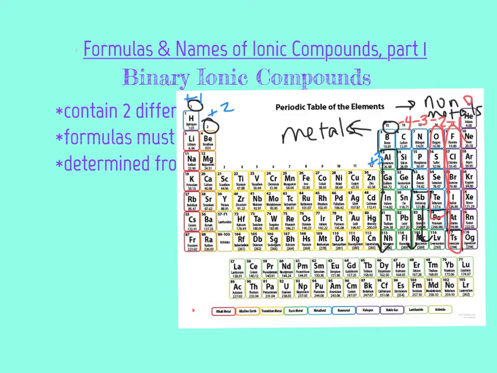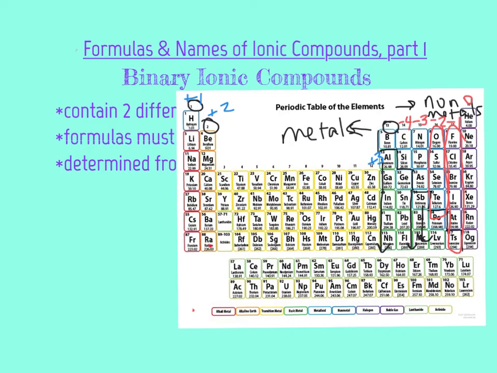One little last part about binary ionic compounds. When we talk about binary ionic compounds, we're talking about things with fixed charges. So all of these columns that I marked on here are mostly fixed charges. For example, all of column 1 have a +1 charge.